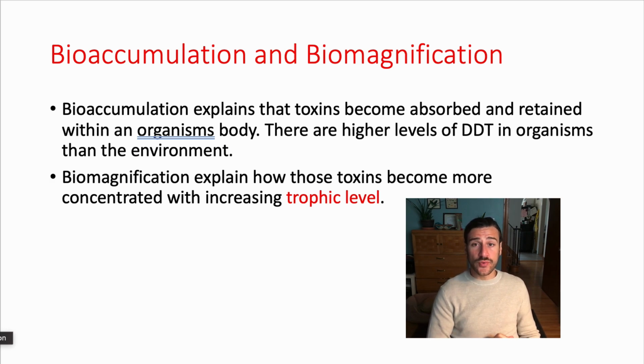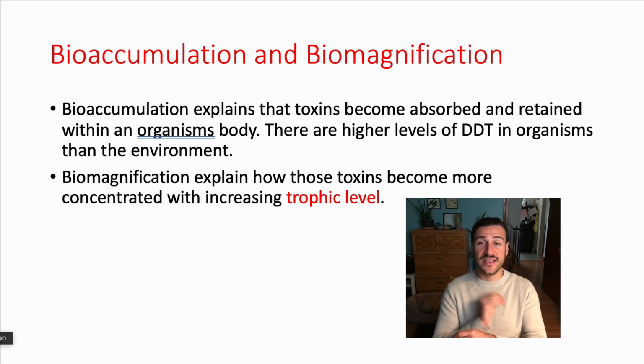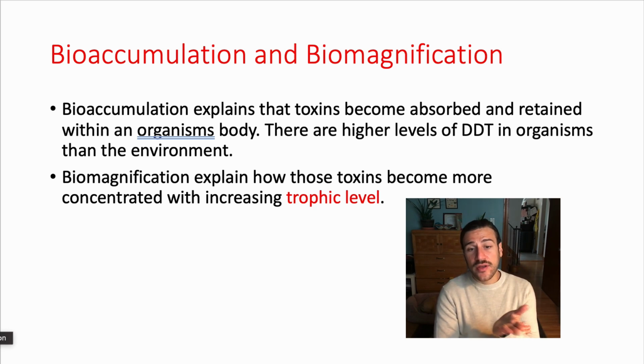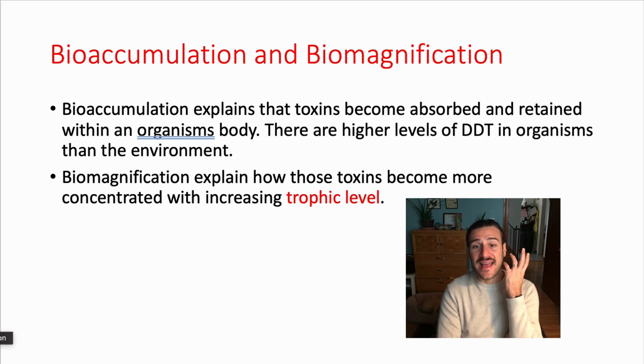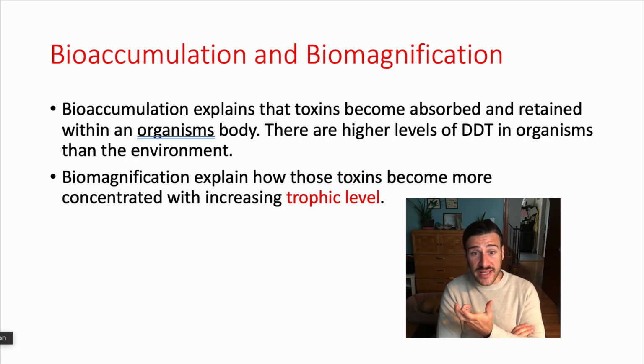So, two really important terms. These are imperative, and I love teaching about these. We have bioaccumulation and biomagnification. Bioaccumulation explains that certain toxins are readily absorbed into an organism's body.